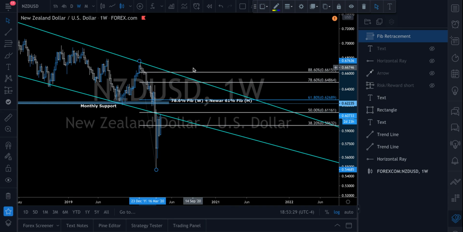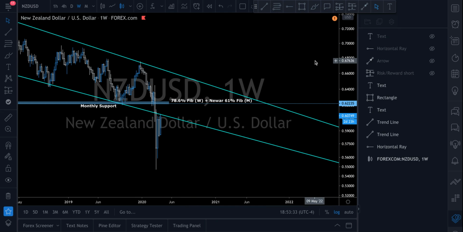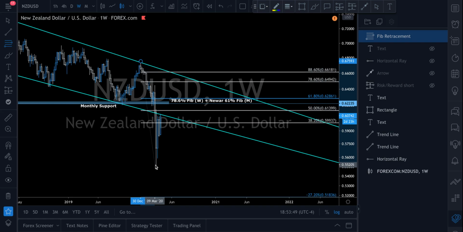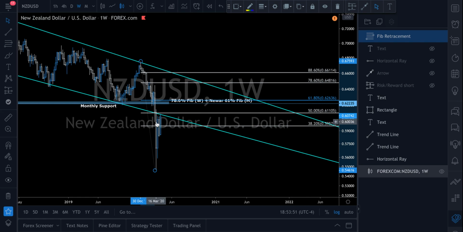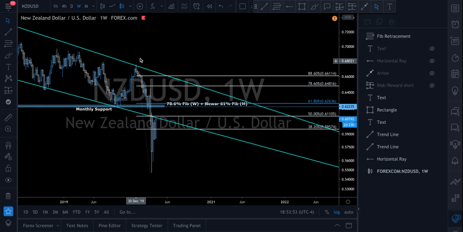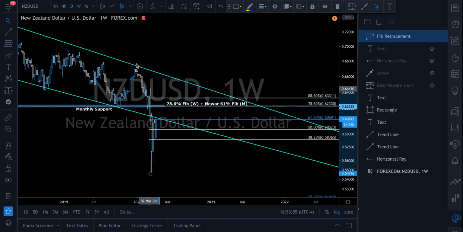Similarly, we see that this is actually lining up with the 61% fib as well. So based on the fact that we are trading below not only this monthly support that was broken and also this descending trend line, we are, as you can see on this monthly time frame, in confluence with this 50% fib, and this 61% fib.